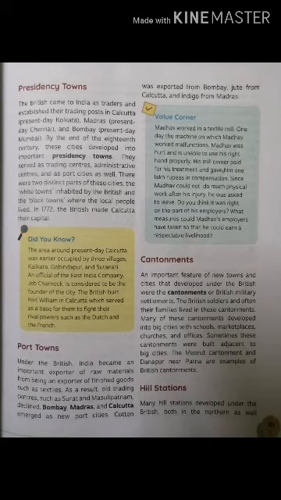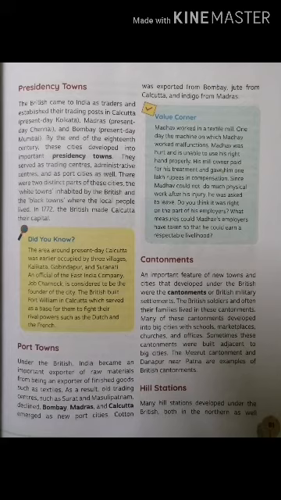Under the British, India became an important exporter of raw materials from being an exporter of finished goods such as textiles. It means it started exporting raw materials instead of finished goods, which was a loss to Indian people and its industries.